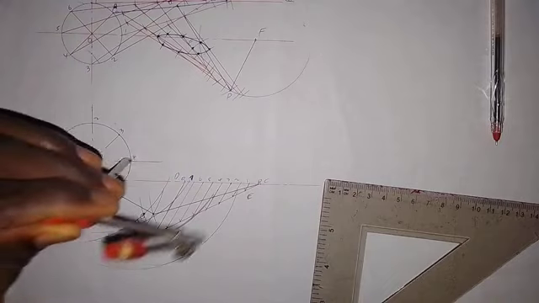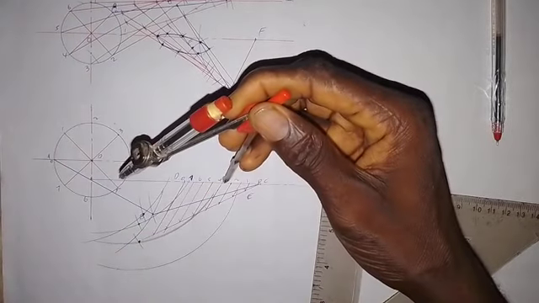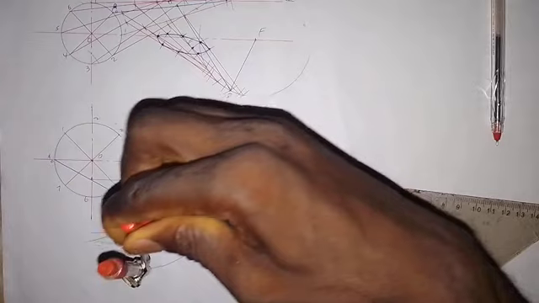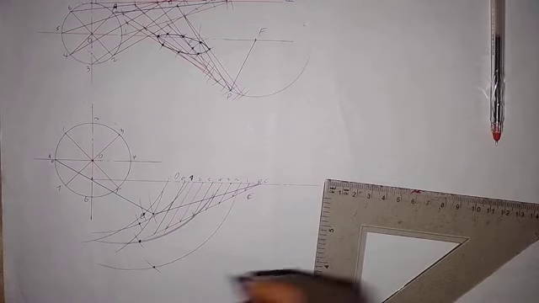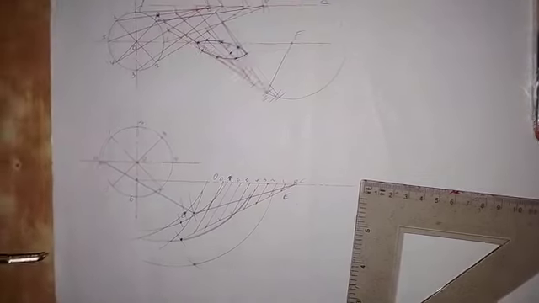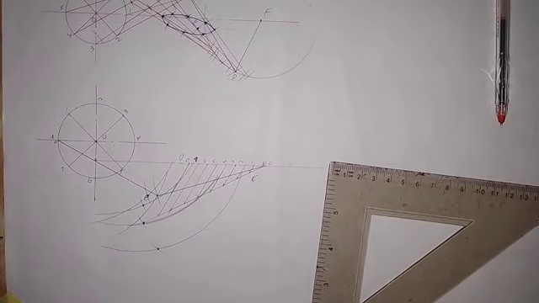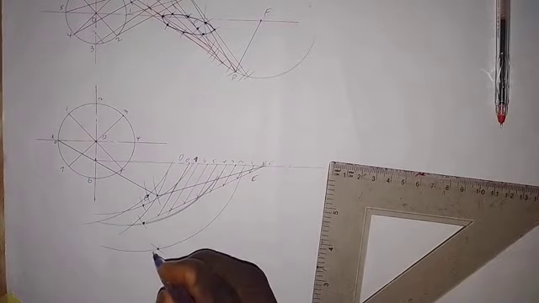At 4 on the circle, then we put it at 4 on the line and make an arc here. So this is the new point B. So we have the new point B here.